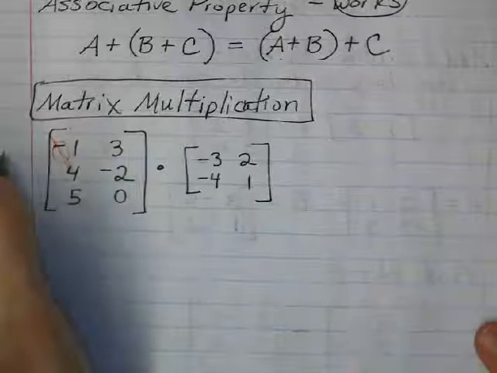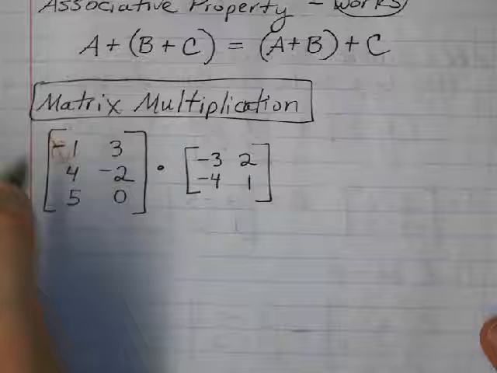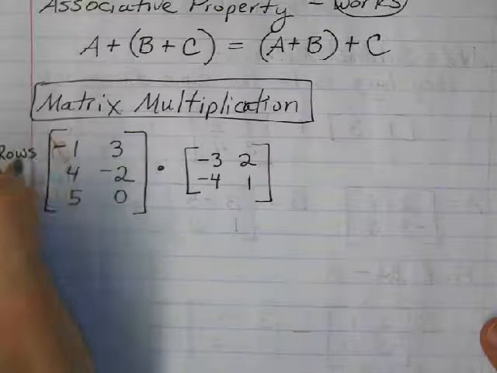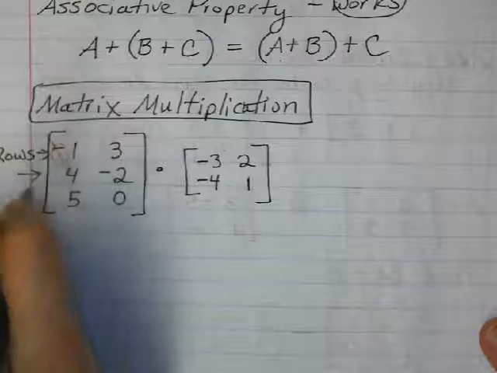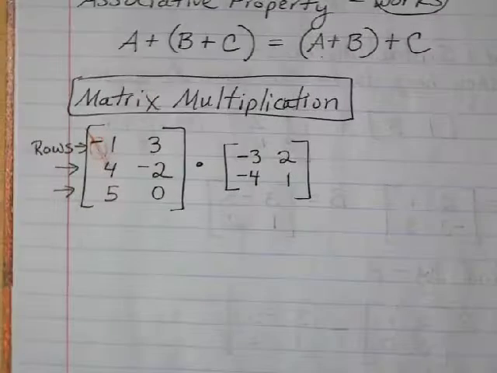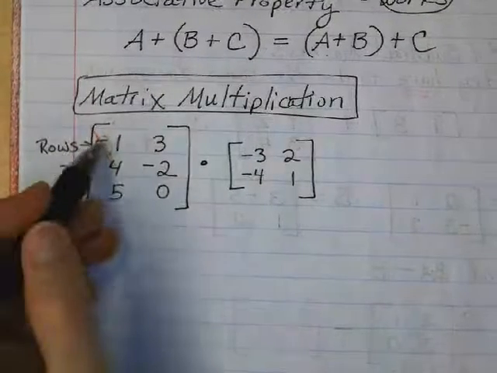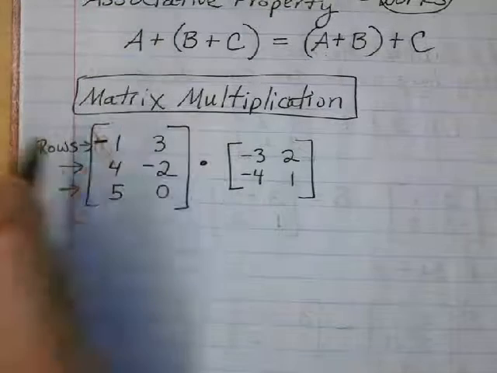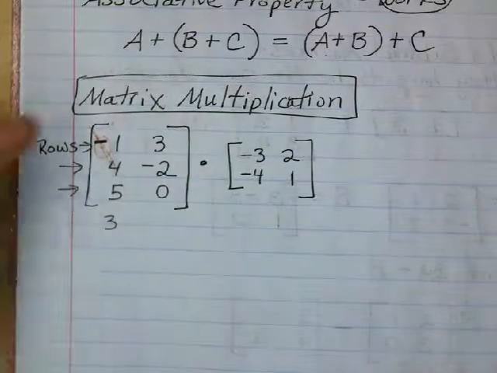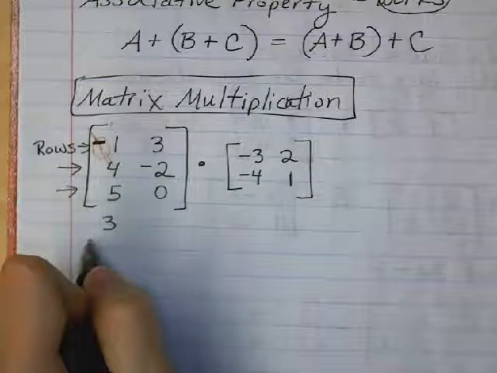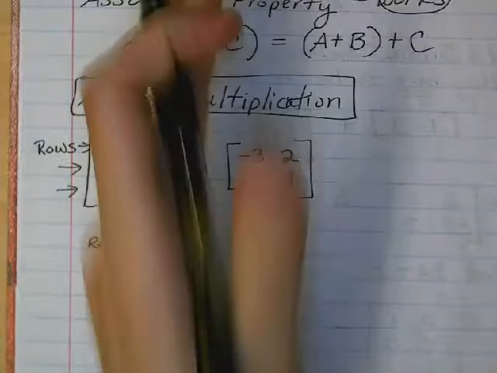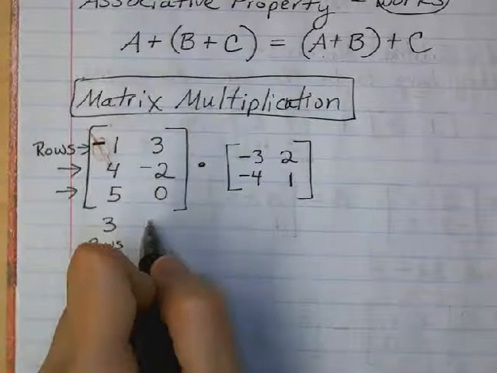Last time we were talking about rows and columns, how many rows and how many columns these matrices have. So rows go side to side, columns go up and down. This first matrix I wrote down has 3 rows, 1, 2, 3, and up and down has 2 columns, right?